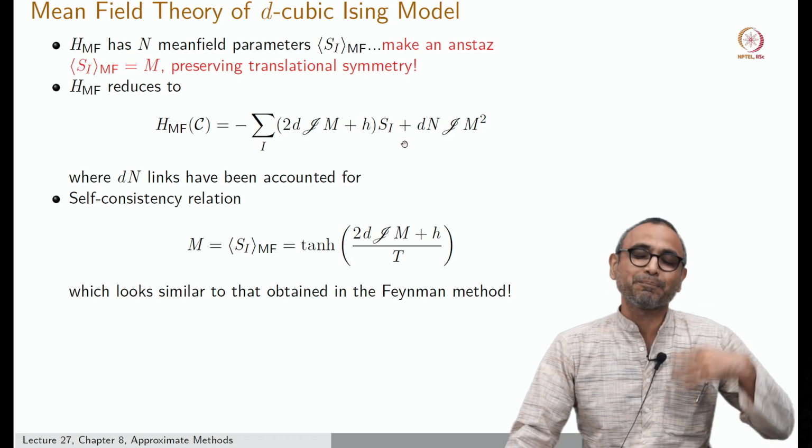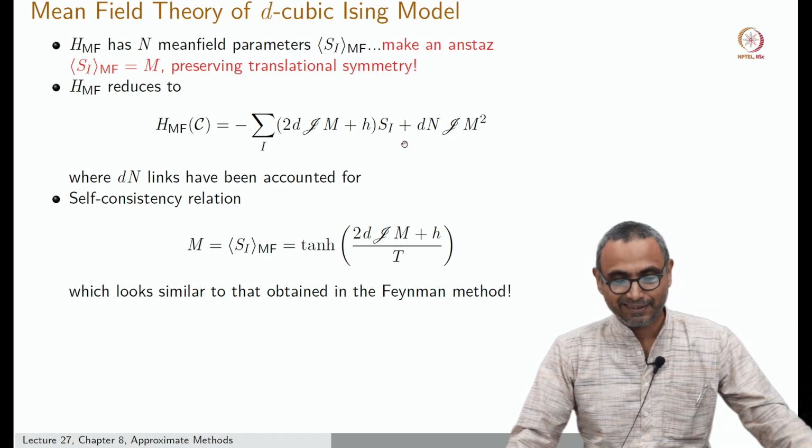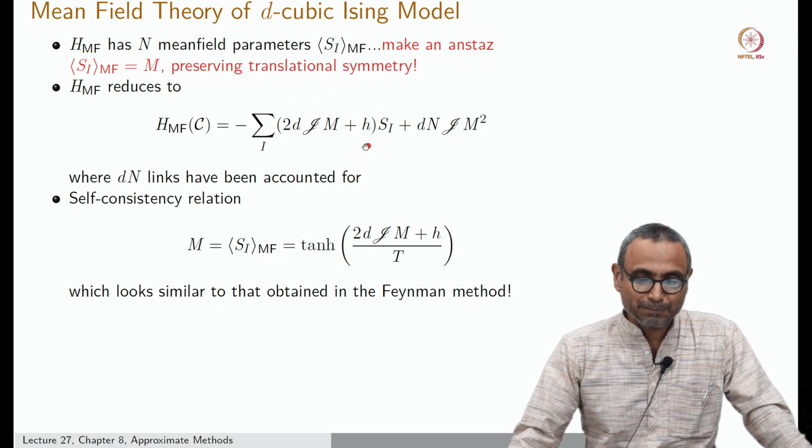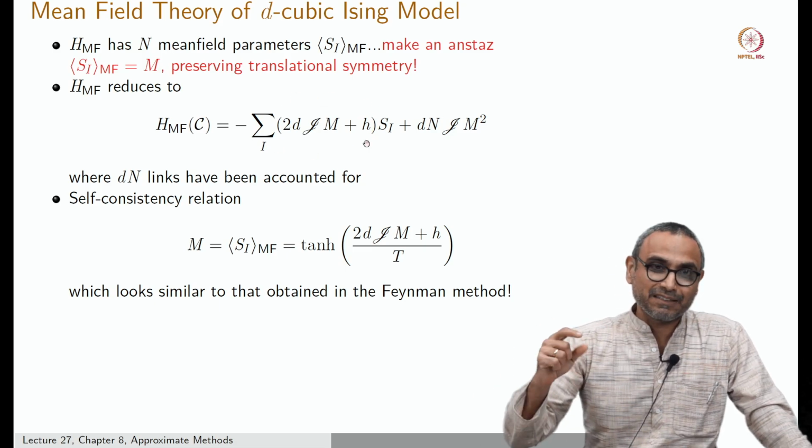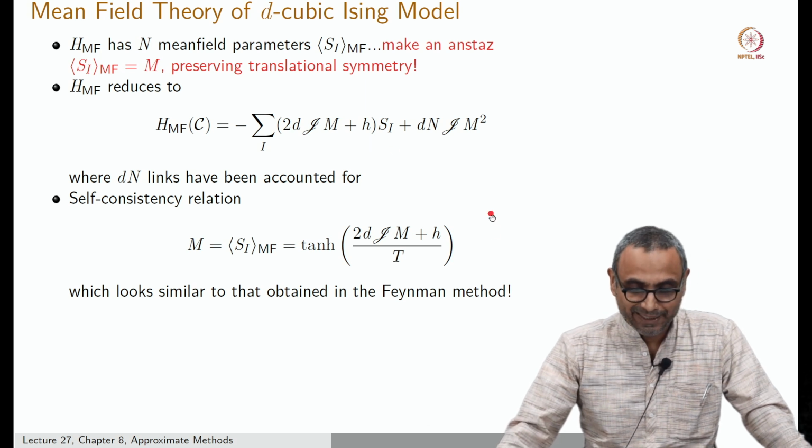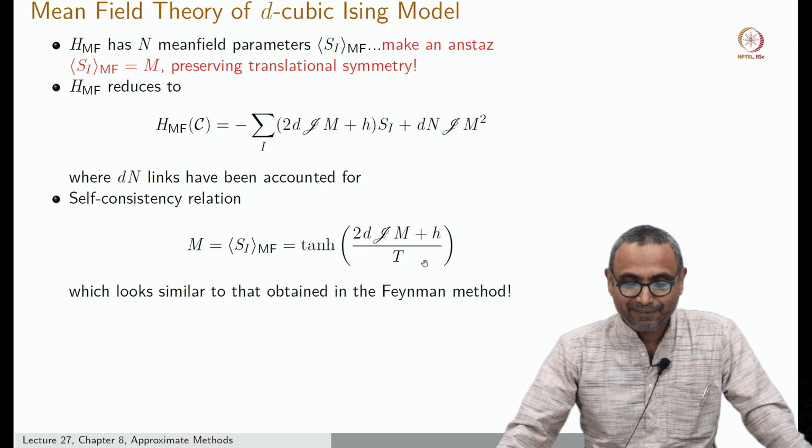You can simply solve the problem of a single spin, and you know that for a single spin in a magnetic field, its magnetization, namely the expectation value of the spin operator, will be just the tanh of the effective magnetic field divided by temperature.